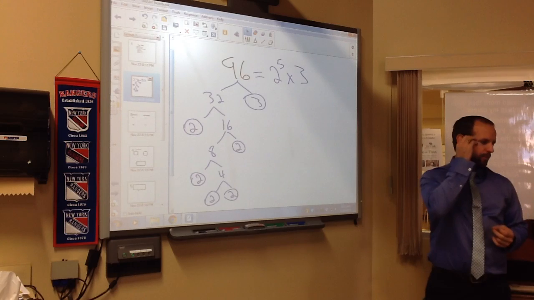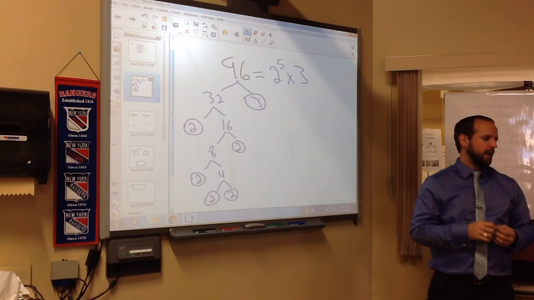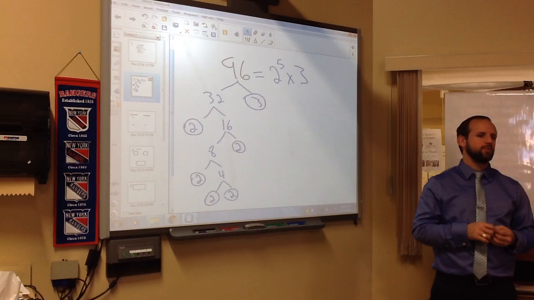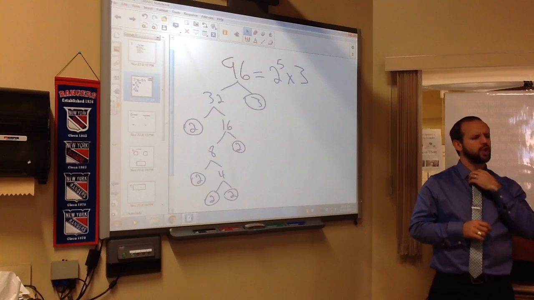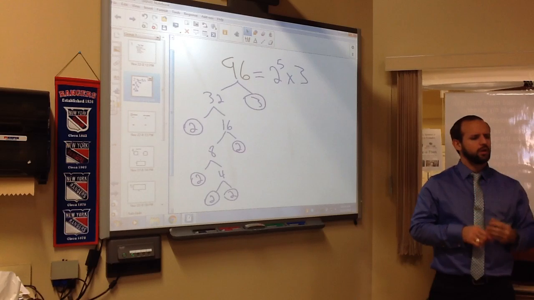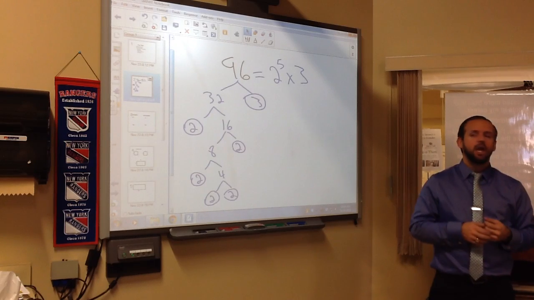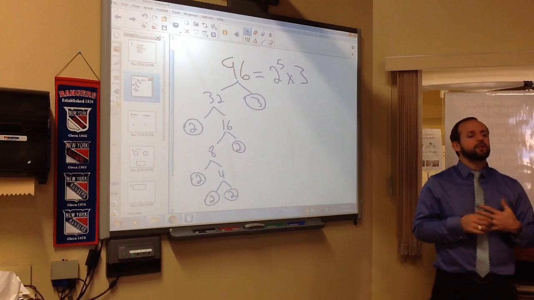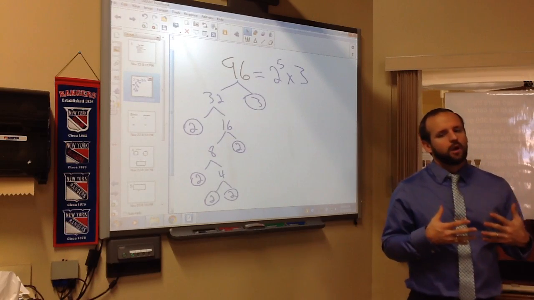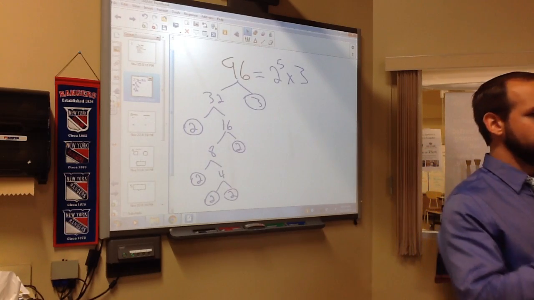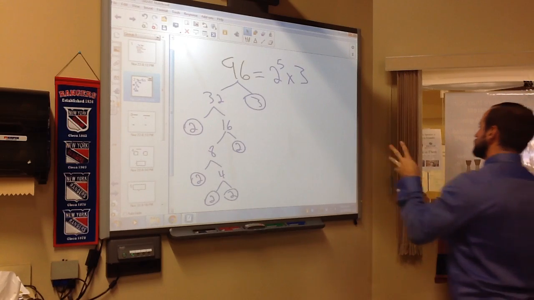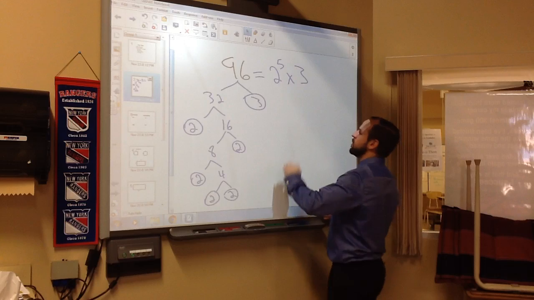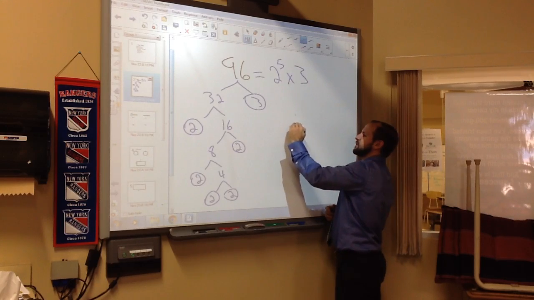Now, if I'm making perfect squares, what am I making groups of? Anybody know? Groups of 2. Perfect. Now, with a perfect square, I want to make even groups so that no prime number is left out.